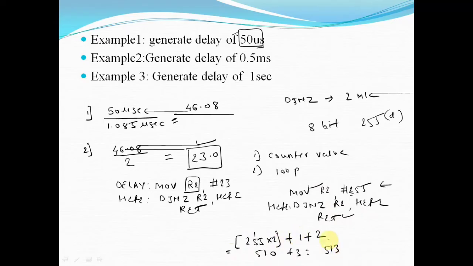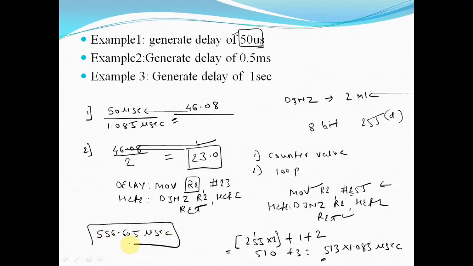So this is the total number of machine cycles, multiplied by 1.085 will give you the delay. Let us calculate, it will give me 556.605 microseconds.